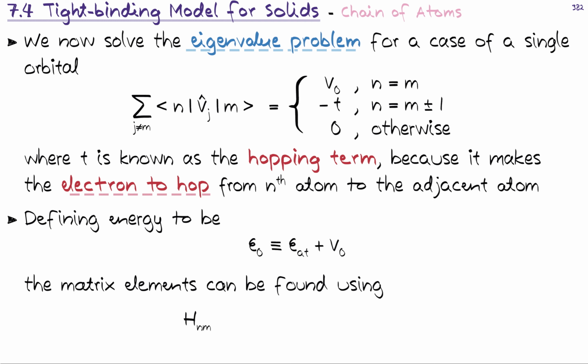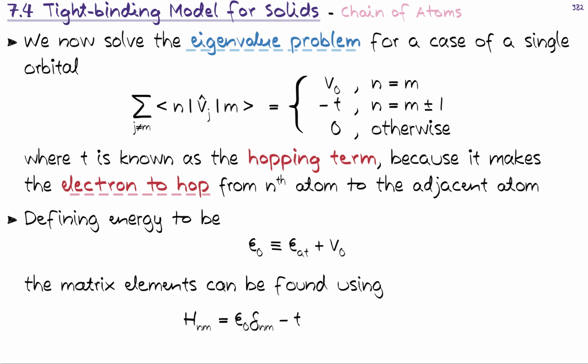So please remember, I did not explicitly show the math in the previous lecture, but we had exactly this matrix element using the earlier equation. We had this bra of n multiplying the Hamiltonian operator H hat, and then the ket of m, and we used this simplified notation. So now we're exactly solving this, and we can find that we have the total energy epsilon naught, the newly defined energy, multiplied by the Dirac delta function of nm, because this is only the energy associated with the case that n equals m.